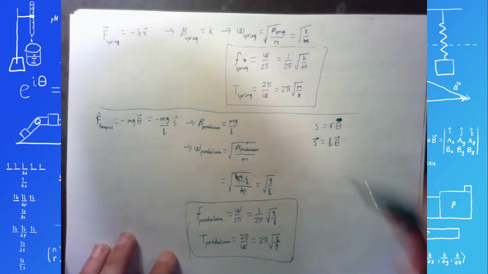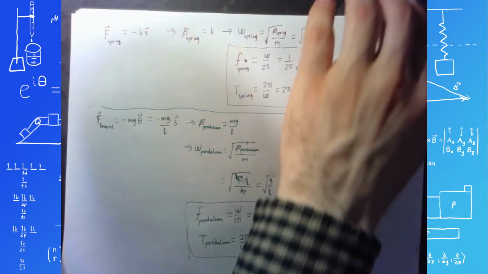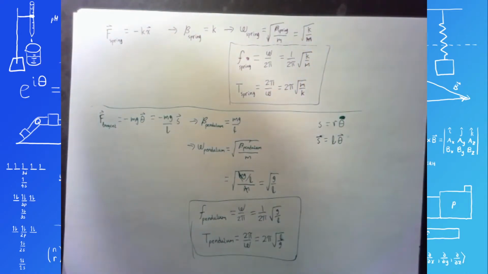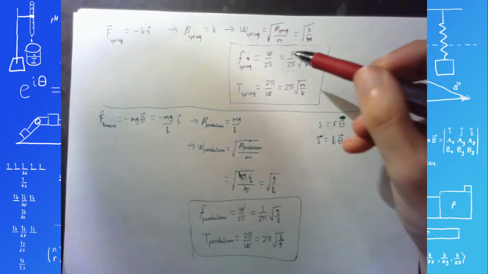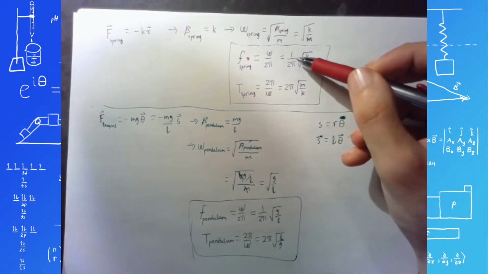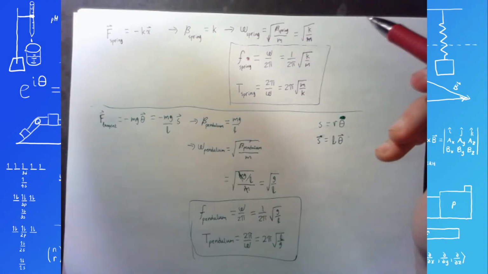And just like these, commit to memorizing one of them and know that the other is the reciprocal of the first. The one I would recommend memorizing is the period one, because it doesn't have as many fractions in it. You don't have to remember that it's 1 over 2 pi.